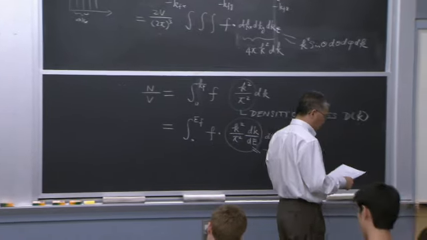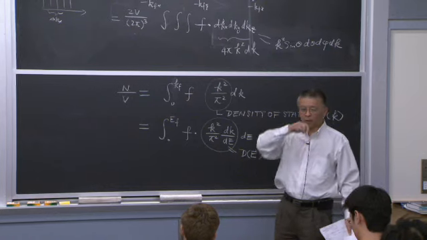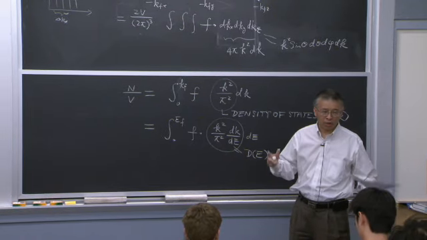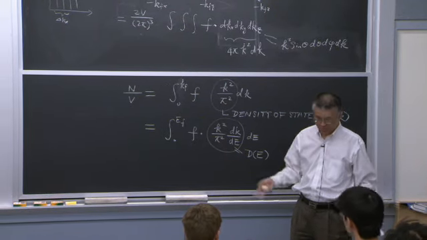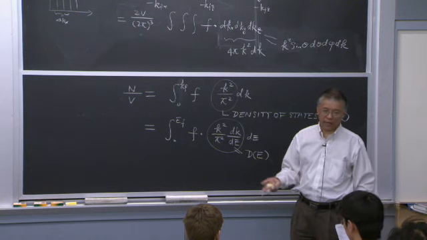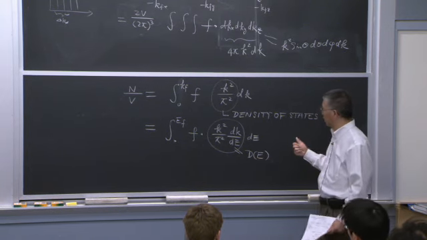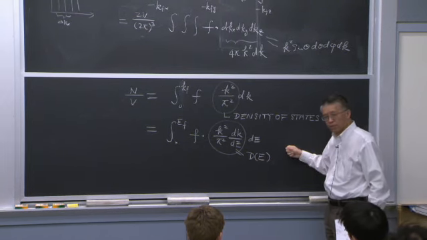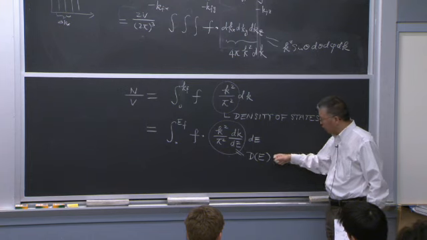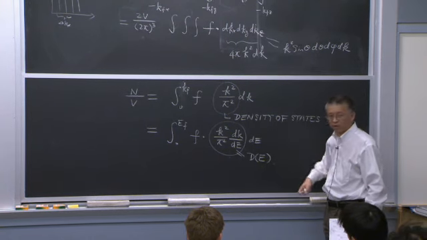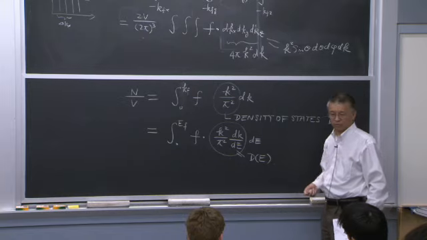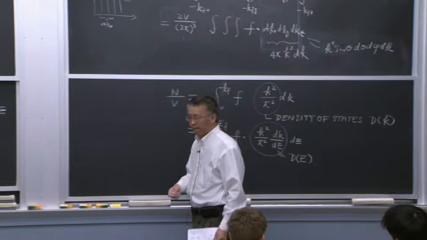Any questions here? It's converting summation into integration. Do the correct counting. The density of states tells you the number of quantum states per energy interval, per wave vector interval, per frequency interval, many ways to write it. Okay?